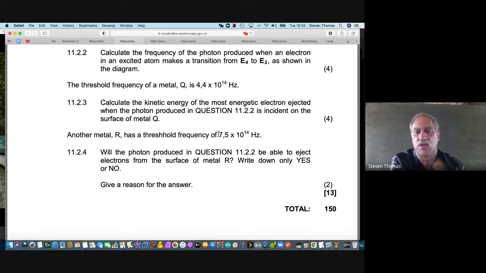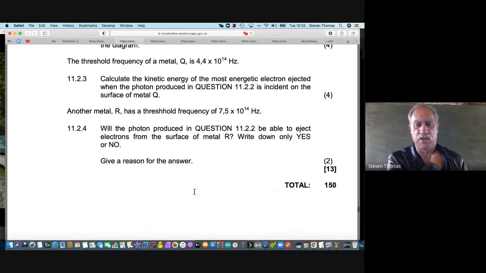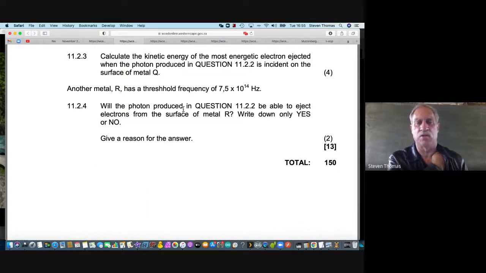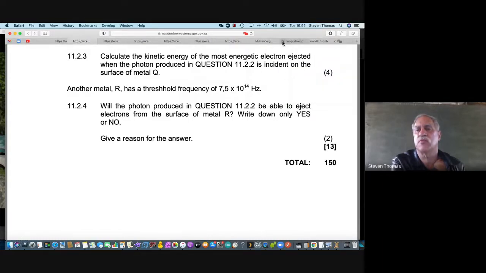Well, because this threshold frequency times Planck's constant will give us the work function. And is this work function greater or less than this value, which you've already calculated? And if it is greater than, then no electron will be emitted. Okay, so there we go. We've finished with our photoelectric effect. So let's finish this then.